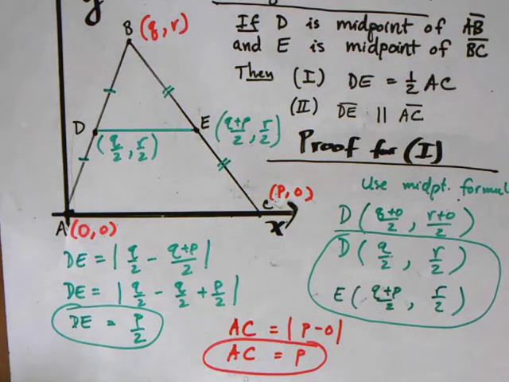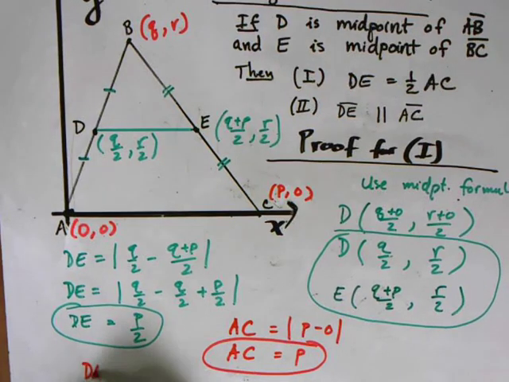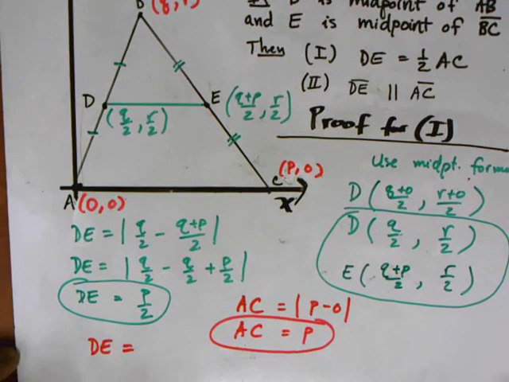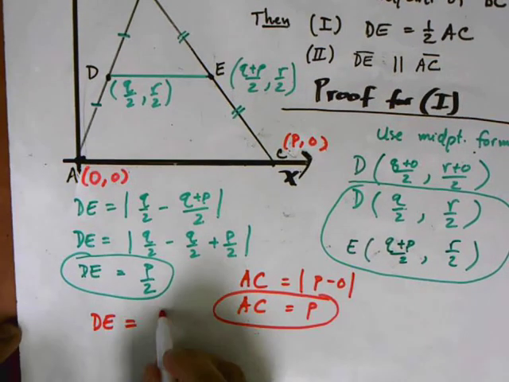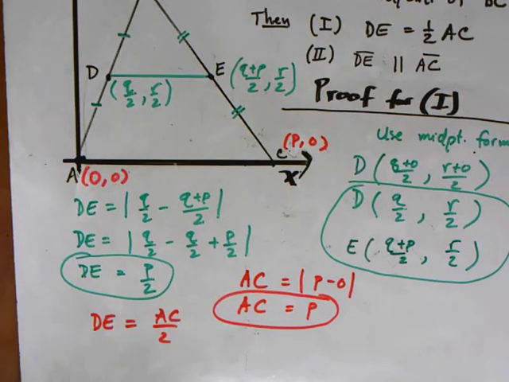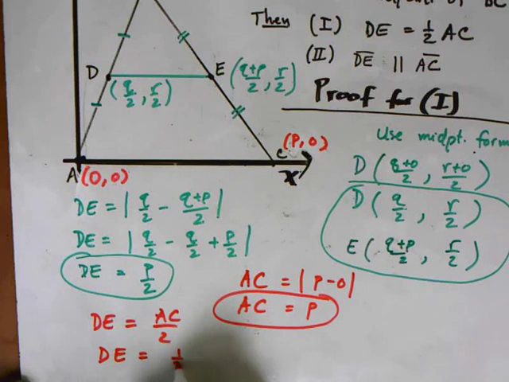So I can now take AC and substitute in here for P. So I can say that DE is equal to P over 2, but instead of writing P, I'm going to write AC. And so there you have it. I can say now that DE is equal to 1/2 of AC. And that ends the proof for part 1.